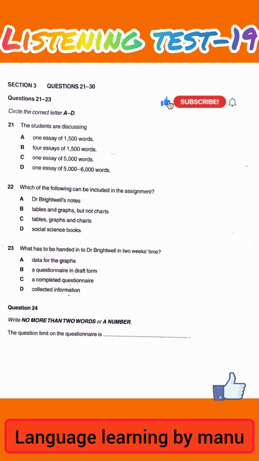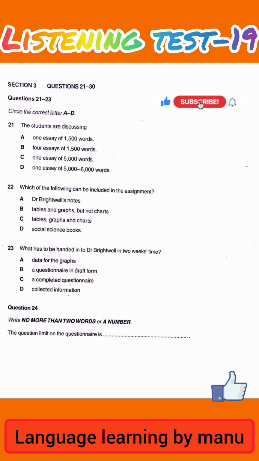I've never written an essay of more than 1,500 words before, Anne. Me neither, Mark, and it scares me. I wouldn't worry. We'll just have to pretend it's 4 essays of 1,500 words and join them together.